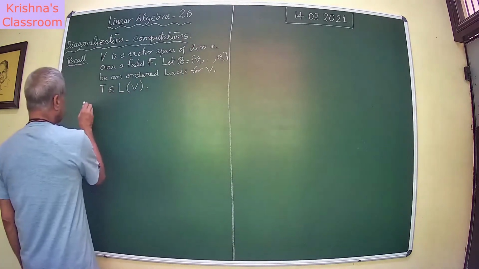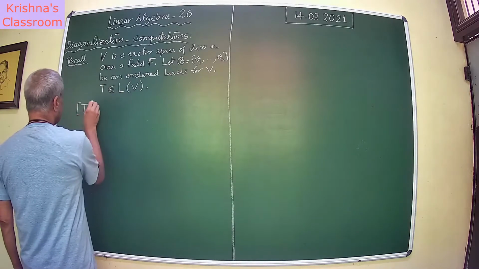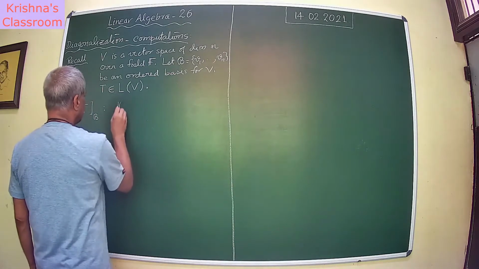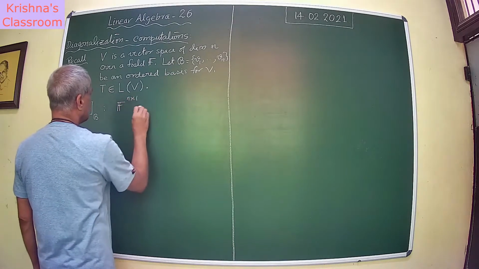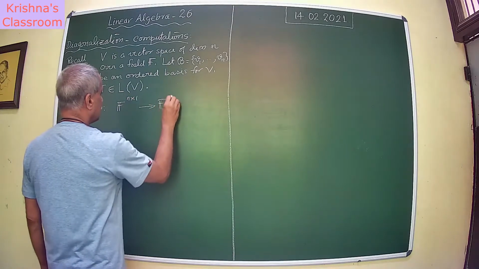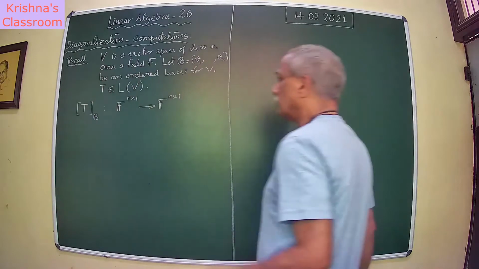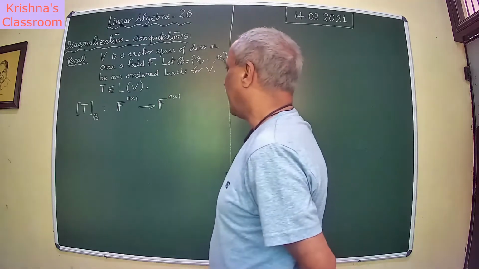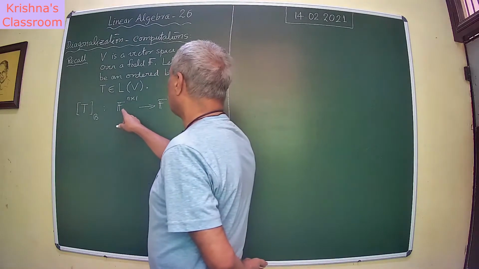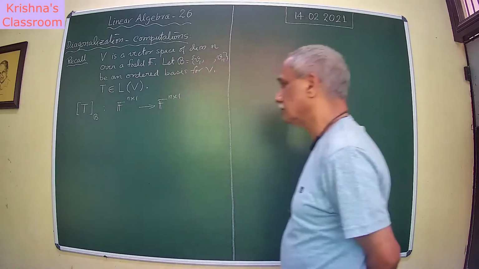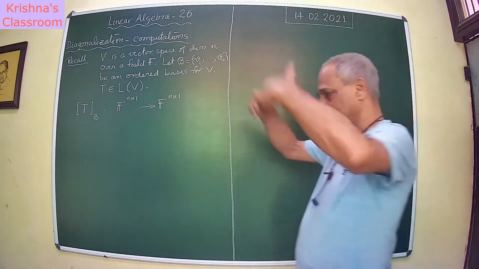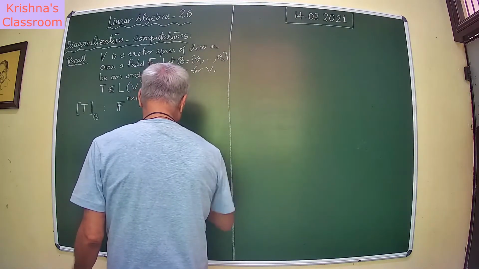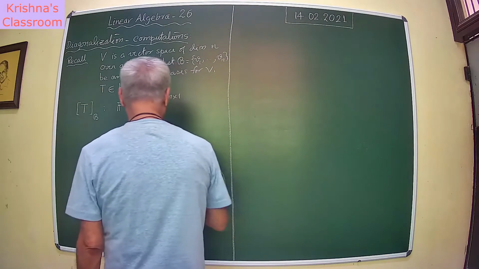So T has a representation as a map from... just recall that the choice of the ordered basis sets up an isomorphism between V and Fn cross 1. And then you have the picture as follows. Let us draw a little diagram here. That is just the diagram that we are used to.